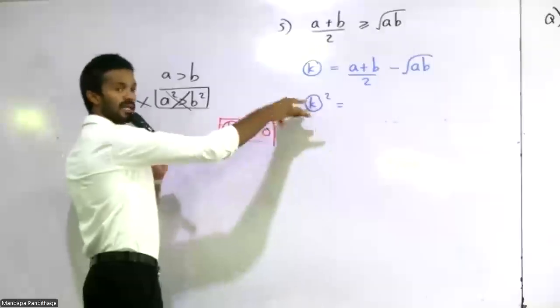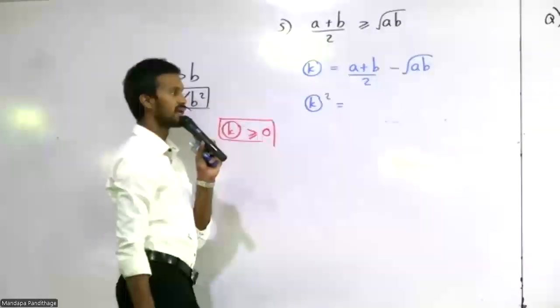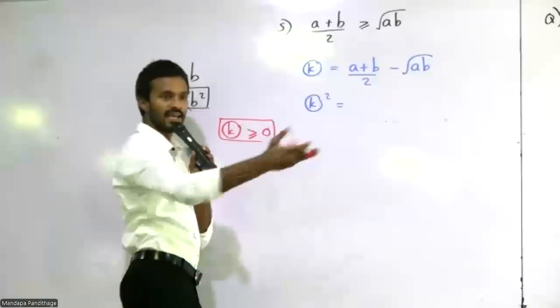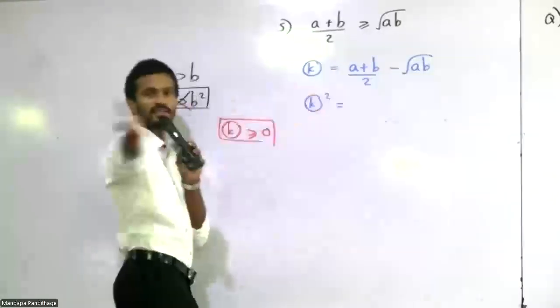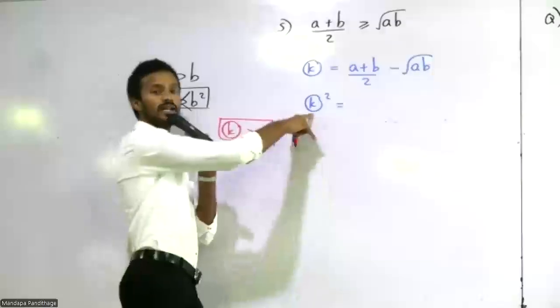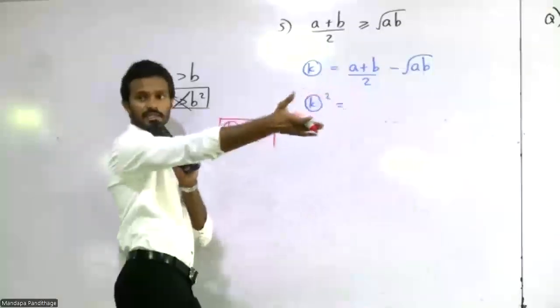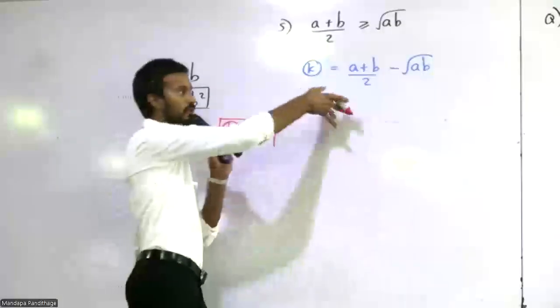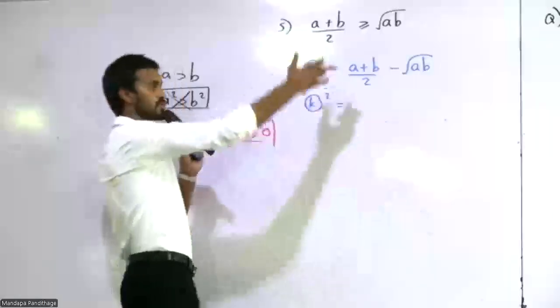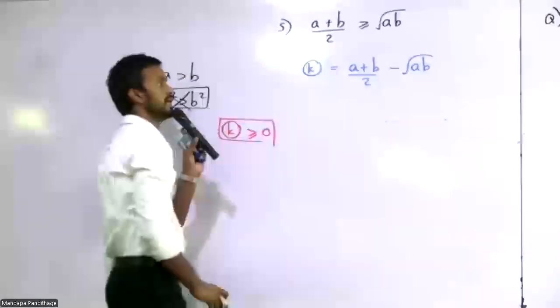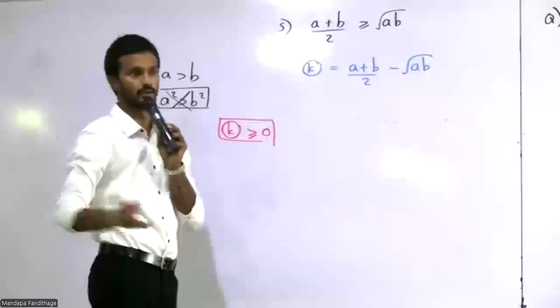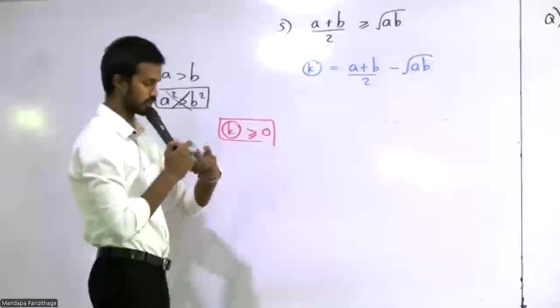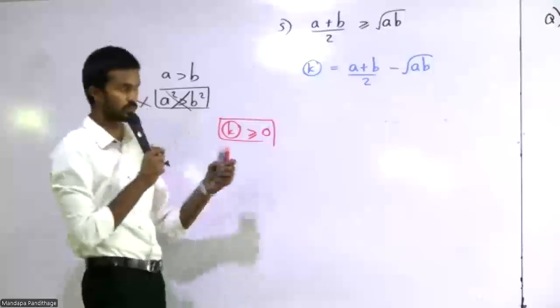Not K squared. K squared is always greater than or equal to 0, because if it is squared, it's always positive. So when you are supposed to show K is greater than or equal to 0, keep in mind you can't square it. You have to work with K. Those are the main two mistakes that students make.